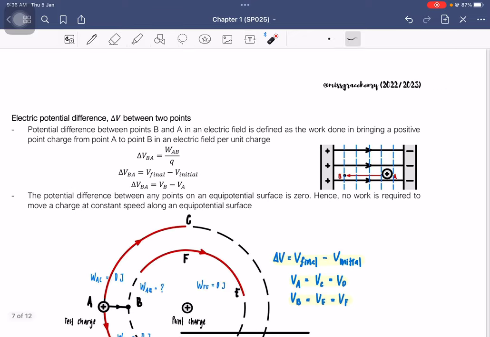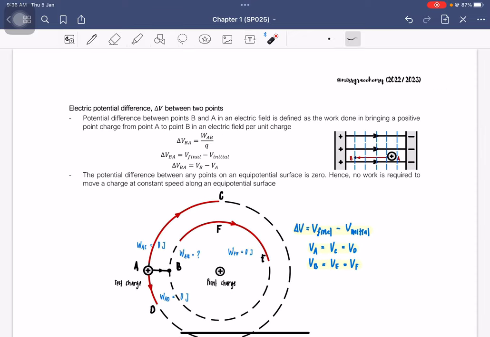Okay, so the electric potential difference between 2 points can be calculated using this equation here. So the potential difference between points B and A in an electric field is defined as the work done in bringing a positive point charge from point A to point B in an electric field per unit charge, okay? So it is the work done in bringing this charge here from this point to this point here.